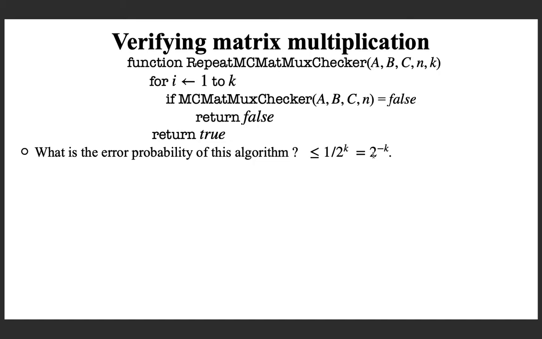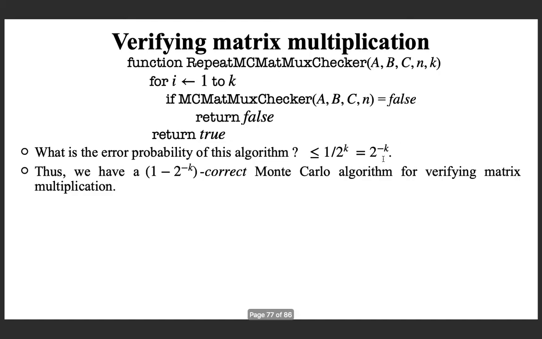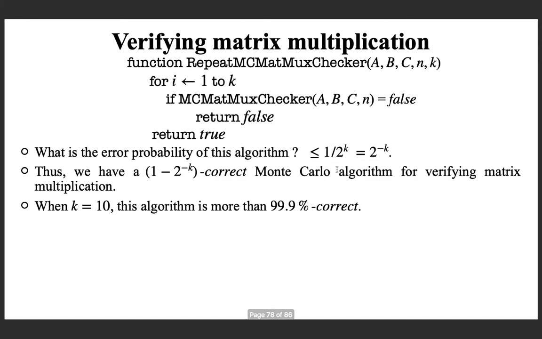So what is the correctness probability? 1 minus this is the correctness probability. So we are getting a 1 minus 2 to the power minus k correct Monte Carlo algorithm. Now if you substitute the value of k as 10, that is if you execute this algorithm 10 rounds, you are getting an algorithm which is more than 99.9% correct, almost 1.